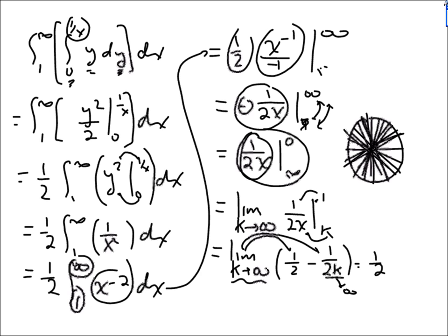Well, each person's going to get close to 0. And in the limit, it's 0. So the answer is just 1/2.